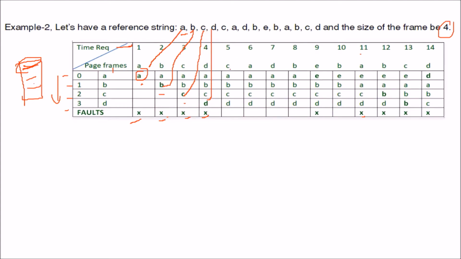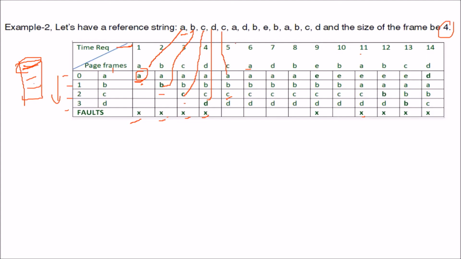Again, now C has come. Our page replacement is first in, first out. Who has come first? A has come first. So when C comes, A would have to be replaced. But C is already there, so it will not be replaced. There is no point in replacing. Then A will come.